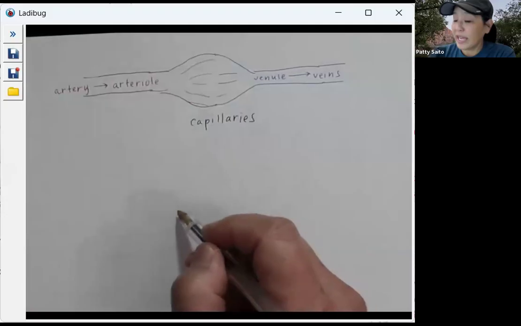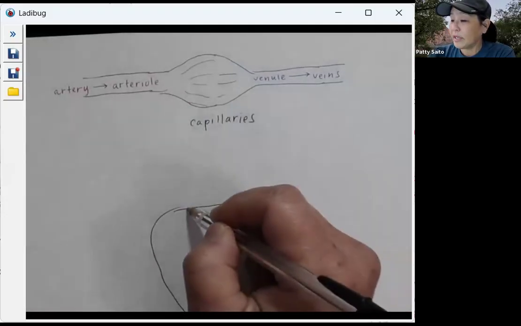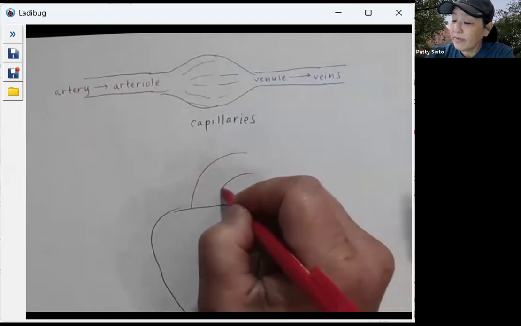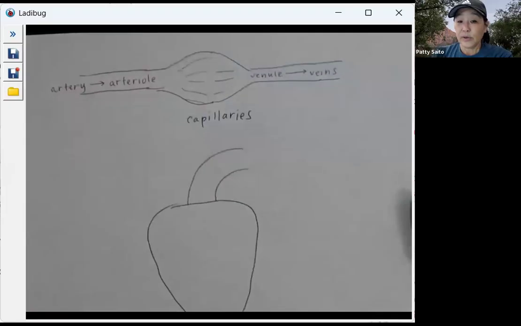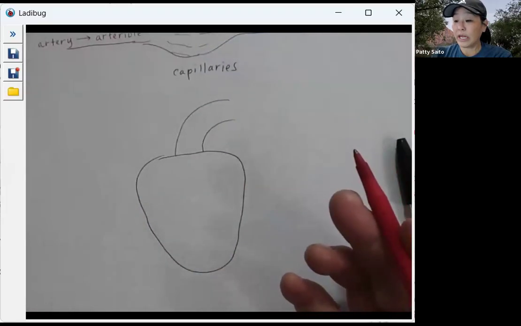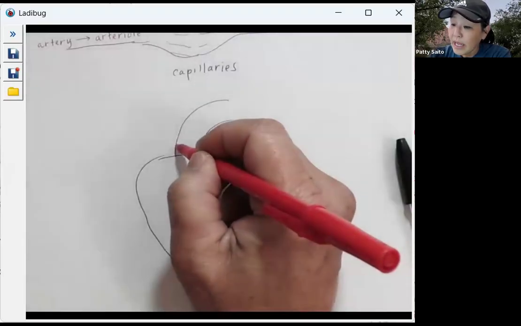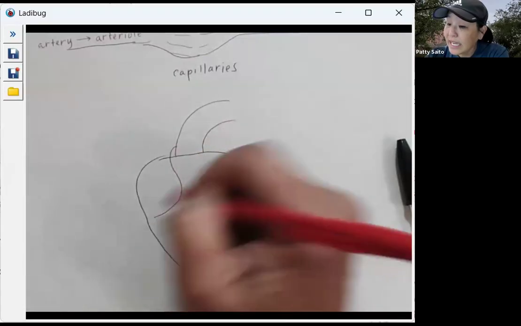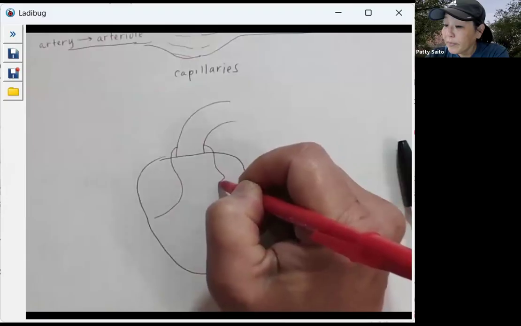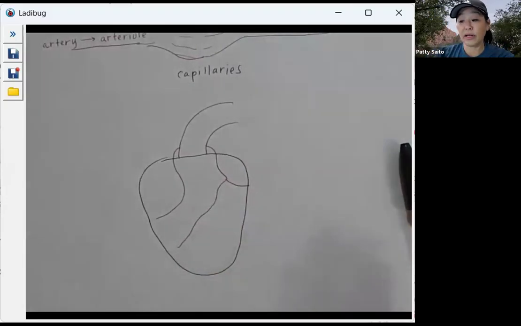So we have our heart again. And then here's our aorta coming out. Okay. So again, the blood going through the heart doesn't supply the heart muscle, the myocardium, with blood and nutrients. It needs its own supply. So we have vessels that come directly off the aorta and branch throughout the heart.